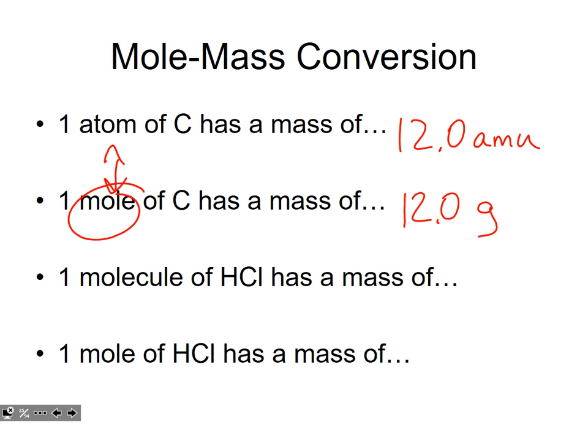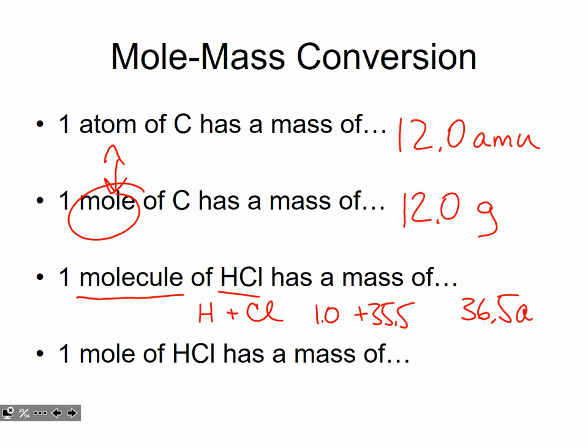1 molecule of HCl will have a mass of, well, how do we figure that out? We need to break it down into the H and the Cl and add them together. Hydrogen is 1.0 and chlorine is 35.5. So adding them together, 1 molecule of HCl has a mass of 36.5 atomic mass units, AMU, but a mole of hydrochloric acid has a mass of 36.5 grams.